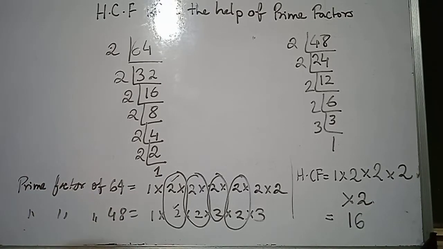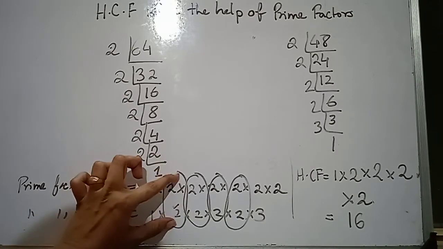We can recheck this answer using the factor method that we have already done. This method is easier than that one. Here we just have to remember that we take only one 2 for each common pair.